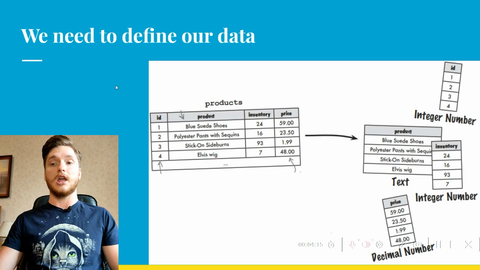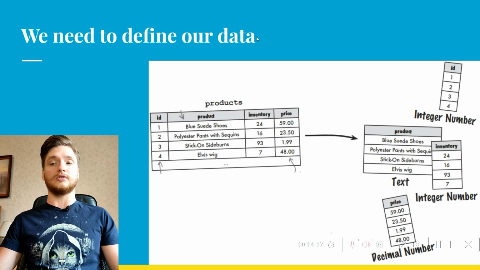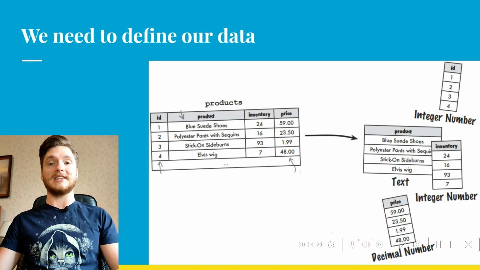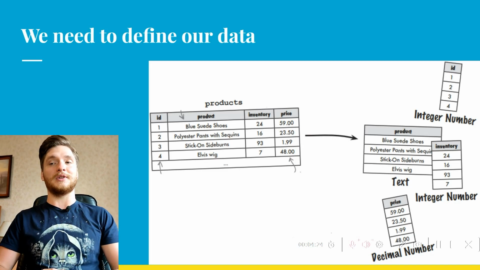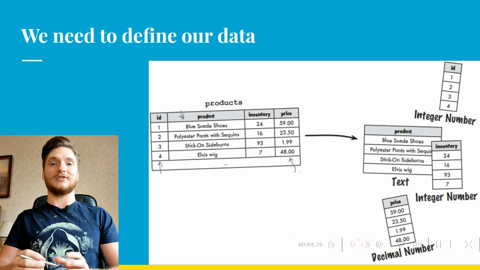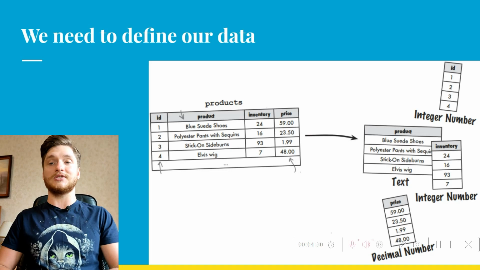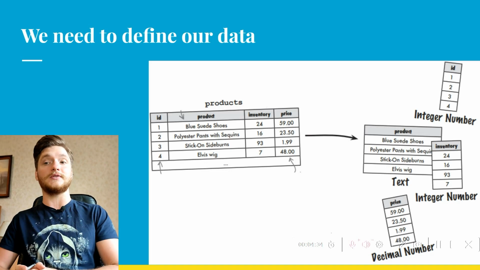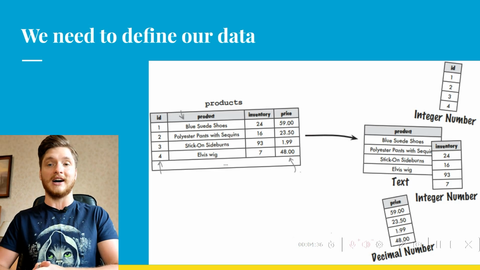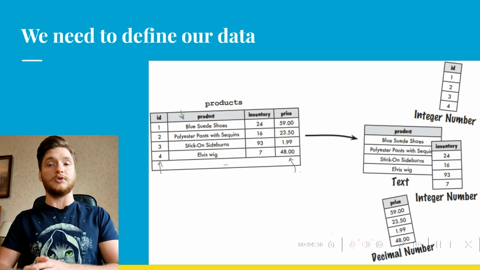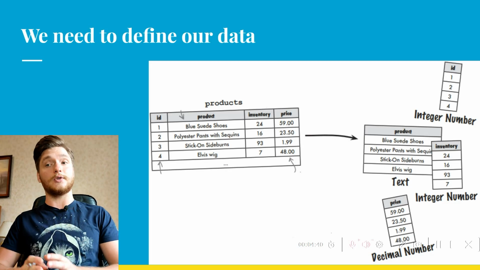The price column contains decimal values. Notice that product name is the only text column in the products table. There are also decimal numbers for price and integer numbers for inventory and ID. MySQL has its own names for each one of these types of data, as well as a few more, such as types for dates and times.